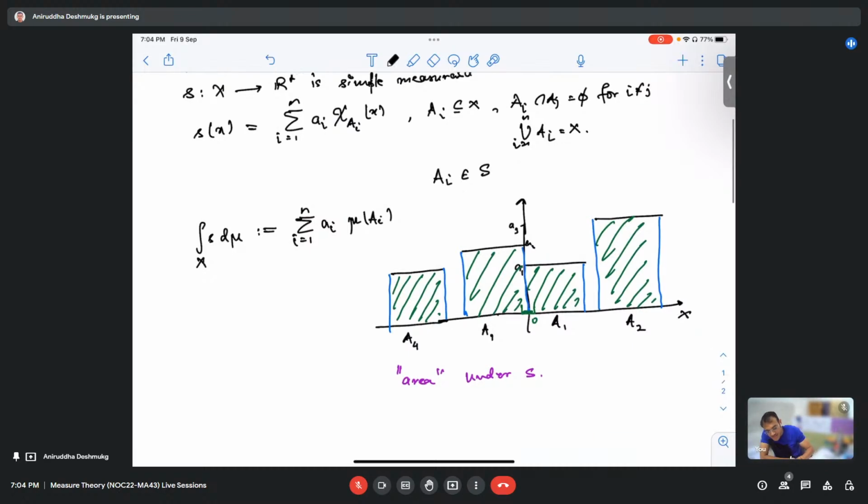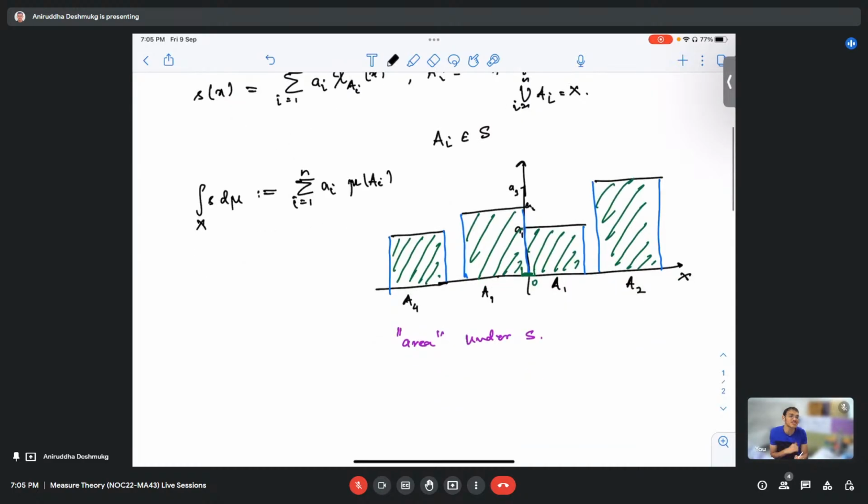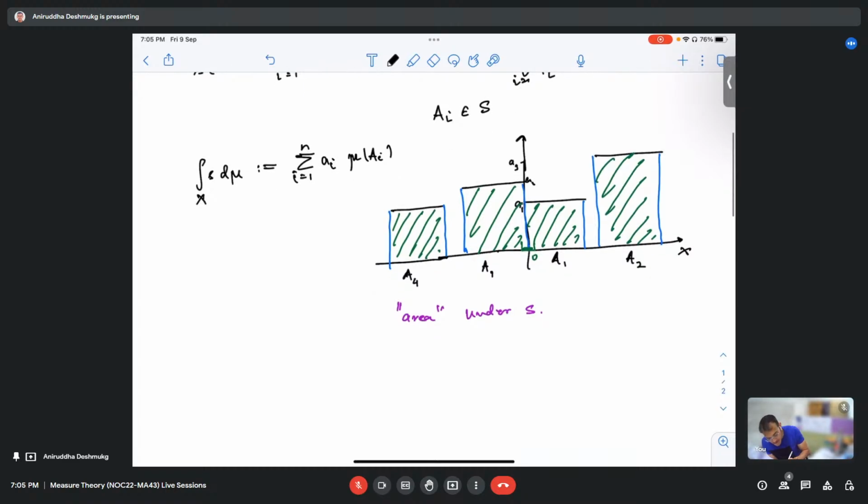So, given this definition of simple function, we extend this to non-negative measurable functions by looking at sequences of simple functions that converge to the given function. And that is possible because of some construction we had seen in the previous week.